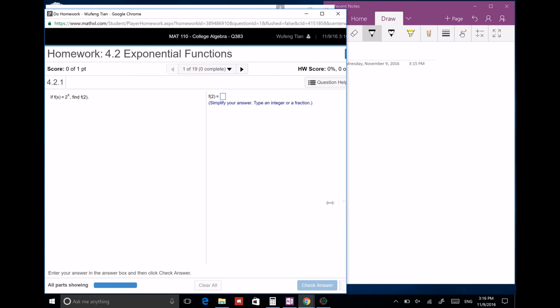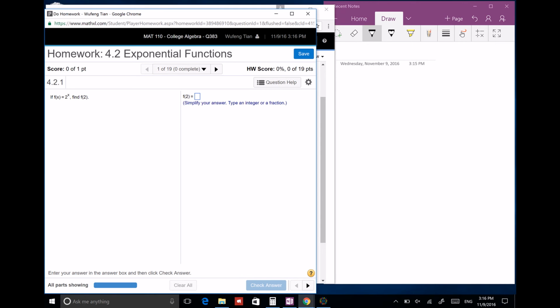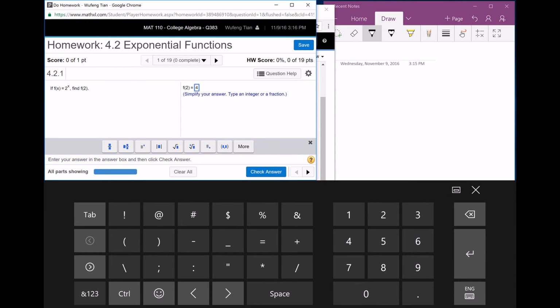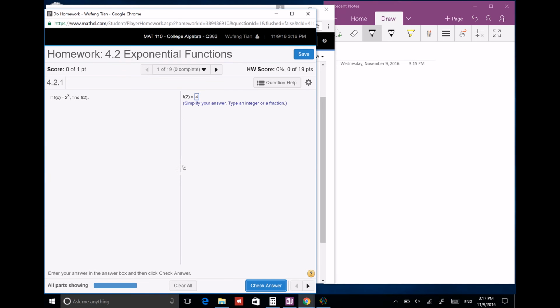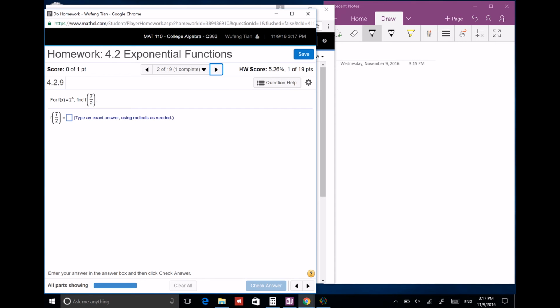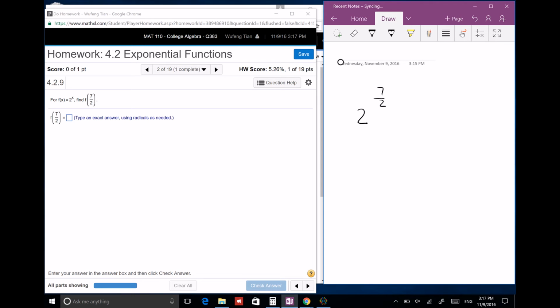So 4.2, 2 squared is 4, and this problem is pretty simple. Okay, next question. 2 to the power 7 over 2.